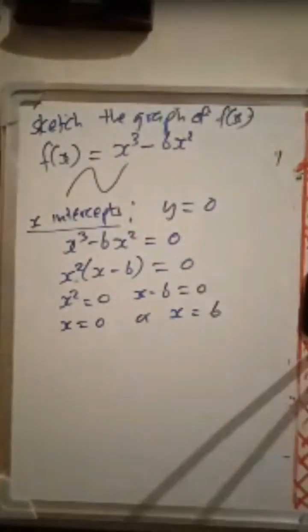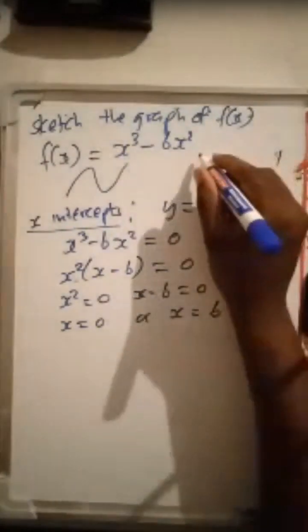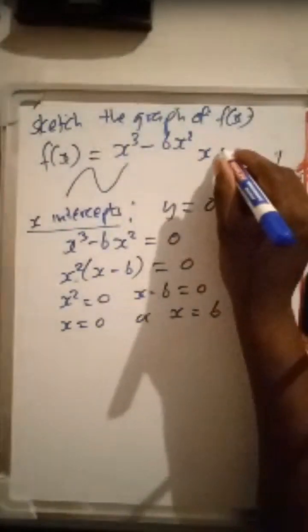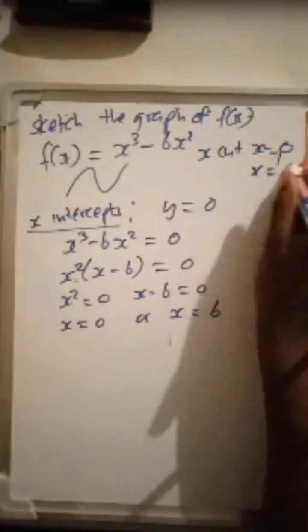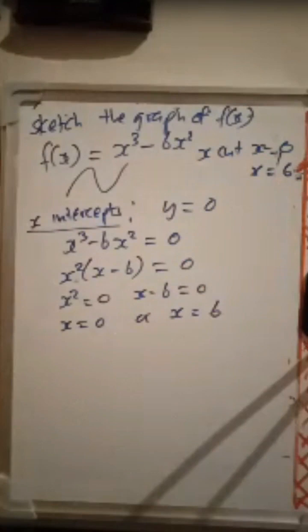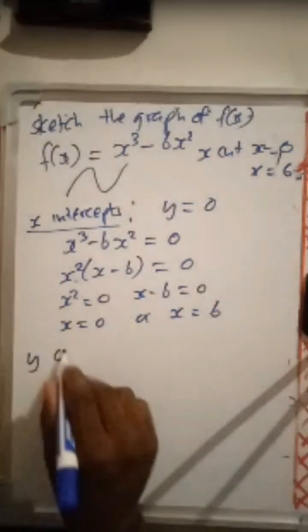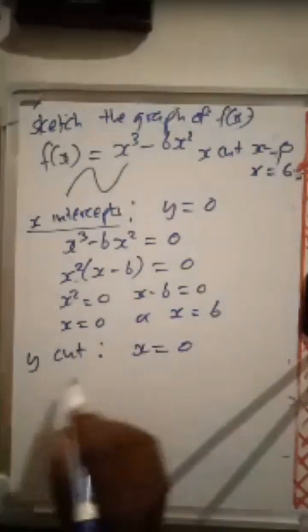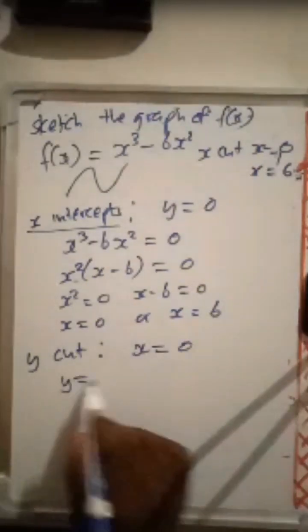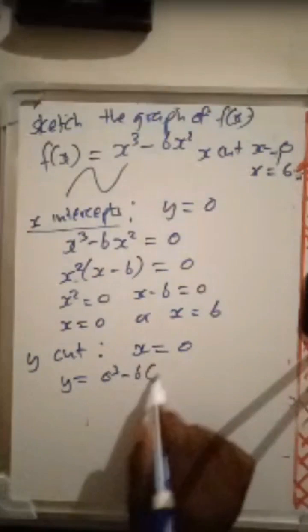So it means the x cuts, I'm going to write it there because I'm going to rub it out, x is equal to 0, and also x is equal to 6. So it has 2 x cuts only, okay, not 3, right? Then now we have to find the y cut. This one, y cut is quite obvious. x is equal to 0, then it means y is equal to 0 cubed minus 6 multiplied by 0, which is 0.